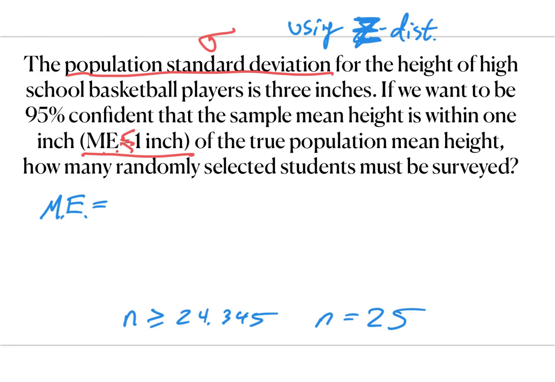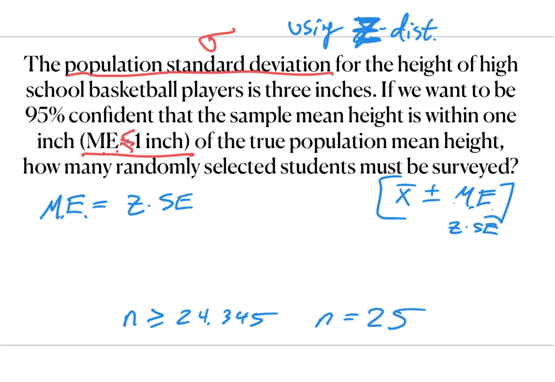All right. If you're wondering where that came from, what is the margin of error formula? When we're doing a confidence interval, it's x bar plus or minus the margin of error, which means the margin of error is equal to z times the standard error.